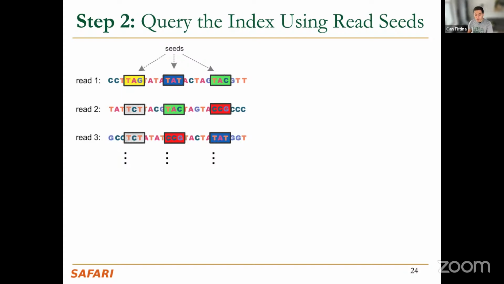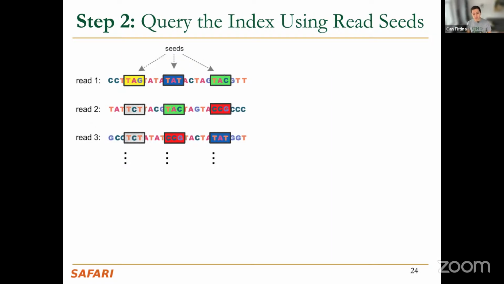I'm saying this is a one-time task because we do it for every reference genome once, assuming that the reference genome stays the same, which is not always the case, but the same reference genome is used multiple times, right? So you can index it once and then use it multiple times. And of course, depending on the parameters of the seeding technique, you may need to reconstruct the index structure again, but we're assuming that given a parameter and given a reference genome, that is constructed only once.